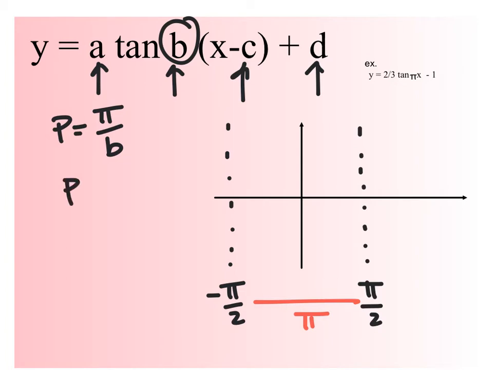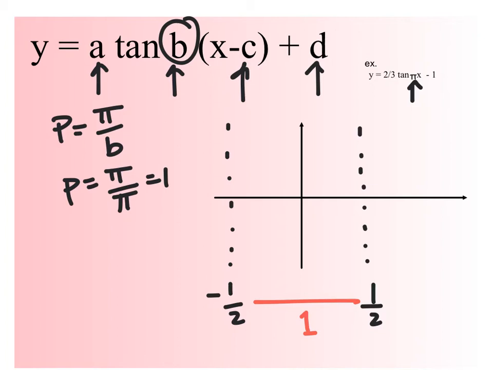So our period here is going to be pi over, looks like b is pi as well. So it's actually going to be 1. So these values won't be pi anymore. I want this length to be 1. So this is going to be 1/2 and negative 1/2.